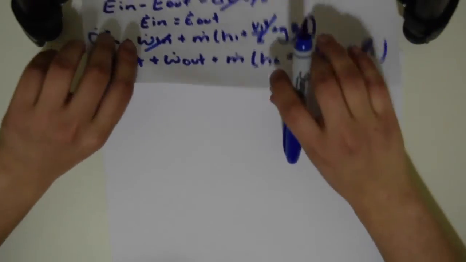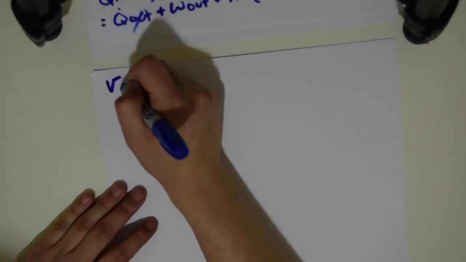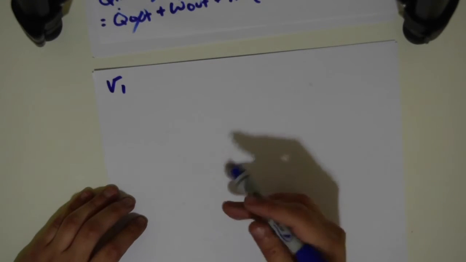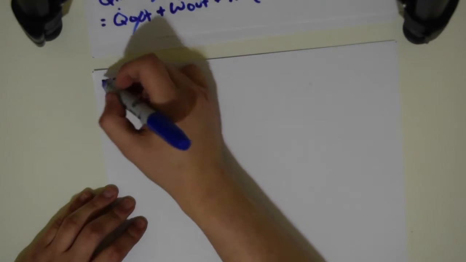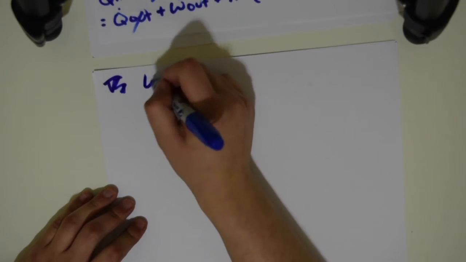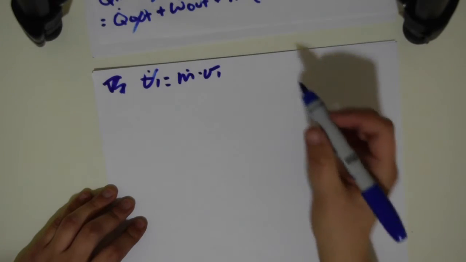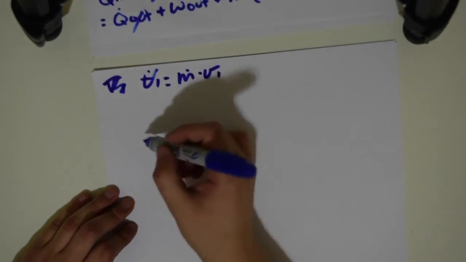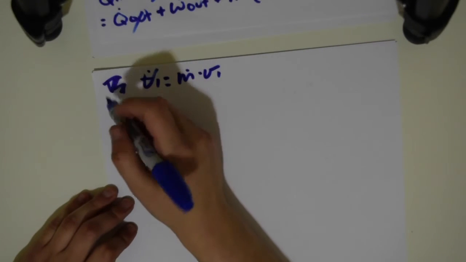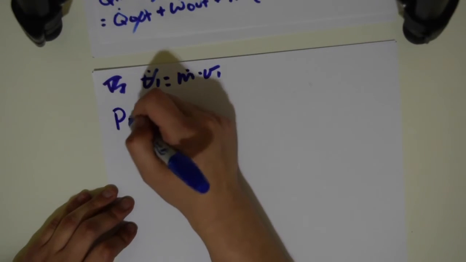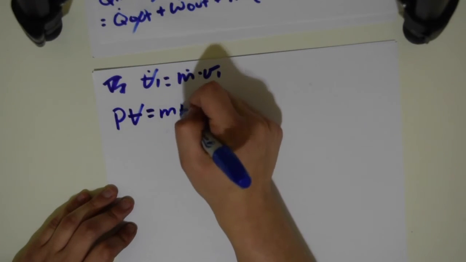Our next goal is to find the specific volume at 1, because we have the mass flow rate and we want the volume flow rate at 1. In order for V dot 1 to be equal to m dot times specific volume 1, we need to find the specific volume. The way to do that is something we always forget about most of the time when we have an ideal gas, and that is the ideal gas equation, which says PV is equal to mRT.